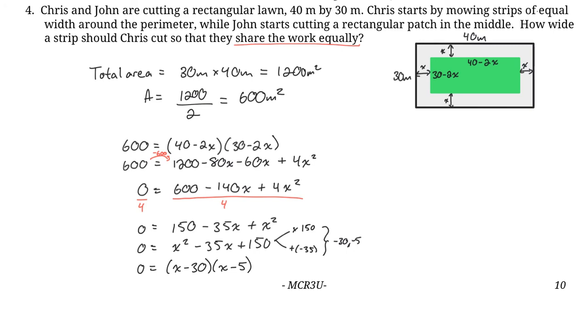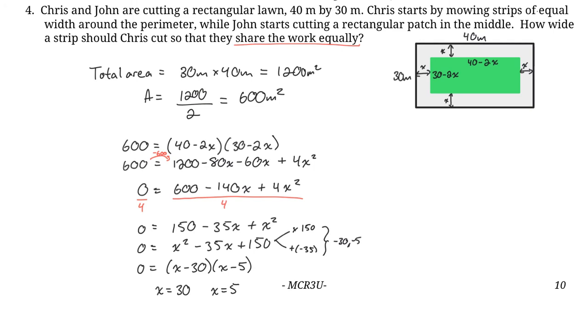And we want to solve for x. So we're going to get two possibilities for x here. What value for x would make x minus 30 equal to 0? Well, that's just x is equal to positive 30. And what value for x would make x minus 5 equal to 0? That's just when x is equal to a positive 5.